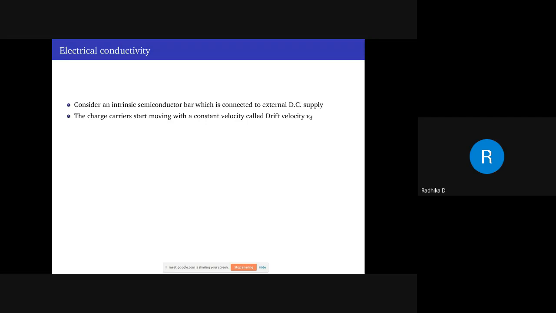So all electrons and holes will start moving when you apply some potential. The velocity with which the charge carriers, that means the electrons and the holes, move, you will call it as drift velocity.